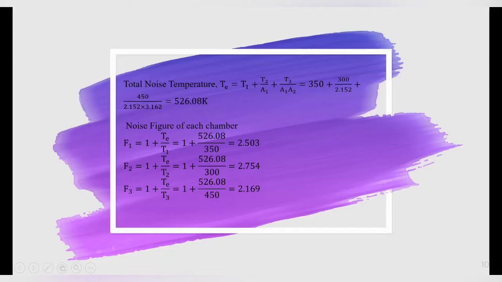So at the end we got our total noise temperature is 526.08 Kelvin. After this we calculate the noise figure of each chamber. The formula is F equals 1 plus Te, which is from the total noise temperature, over T0, the reference temperature. So we got F1, F2, and also F3.